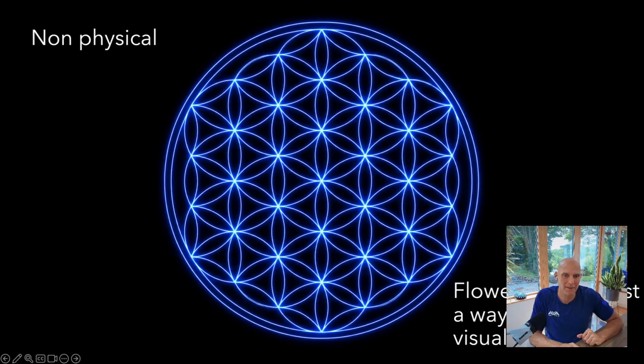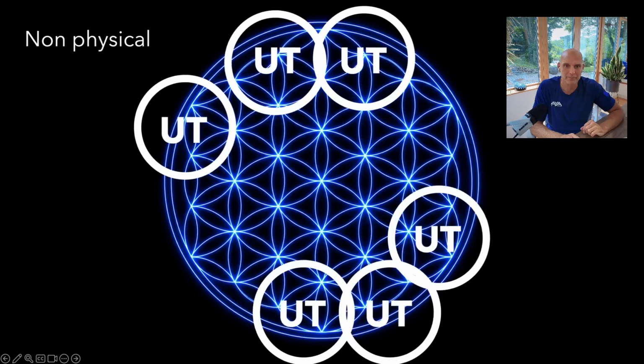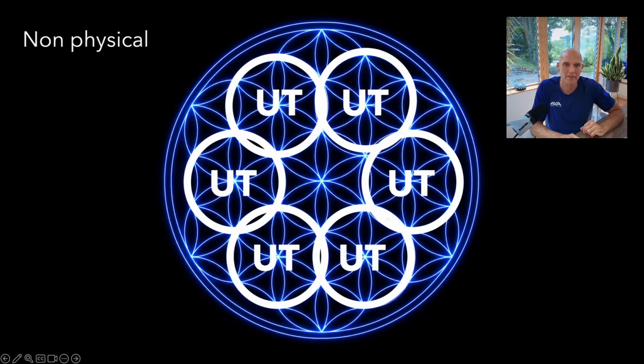So let's go back to the flower of life, which is our representation of akasha. All of these circles, lots of circles within circles. So let's say that each one of those circles is a UT cycle. This is how the language is arranged, basically.